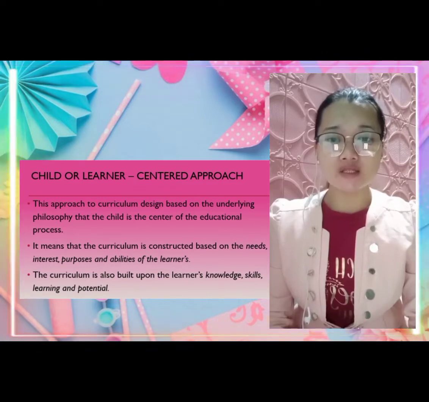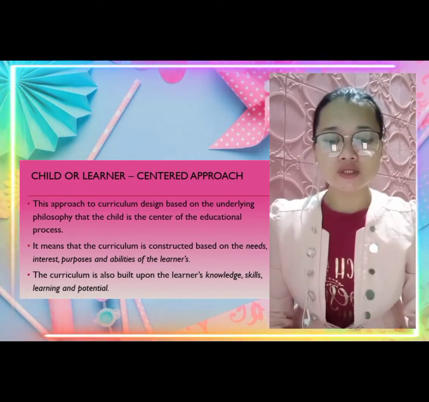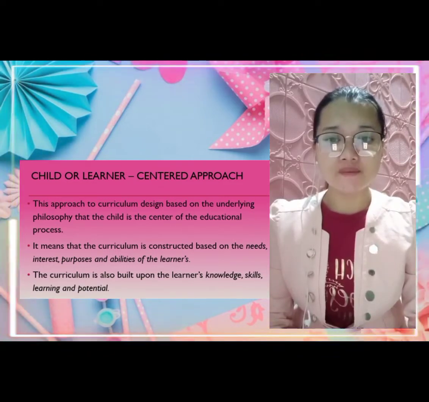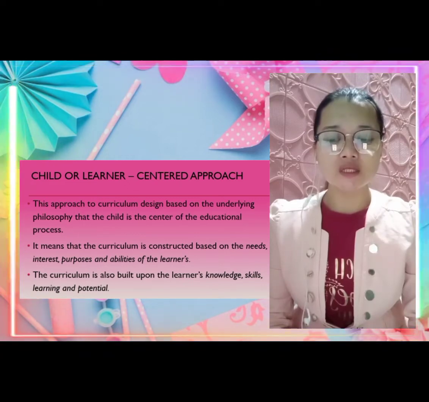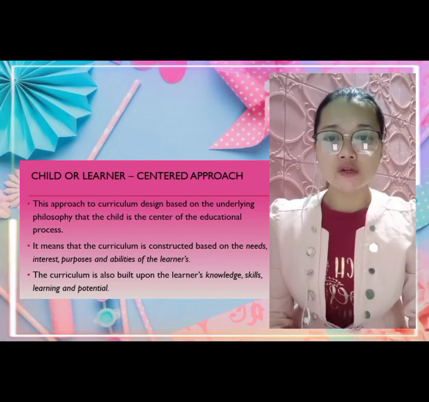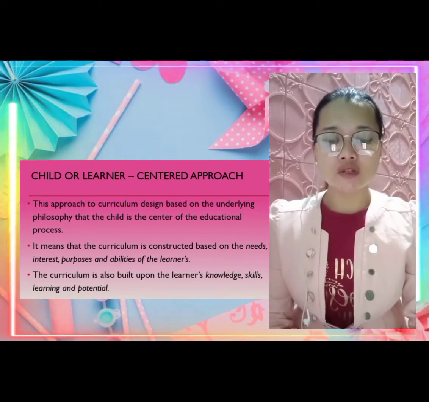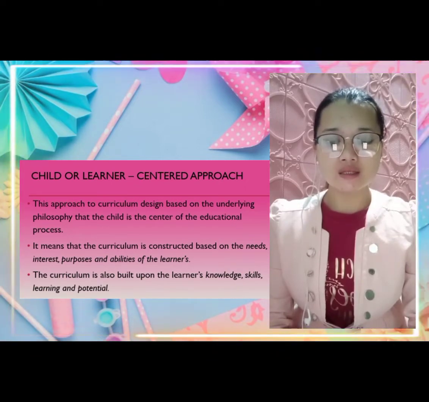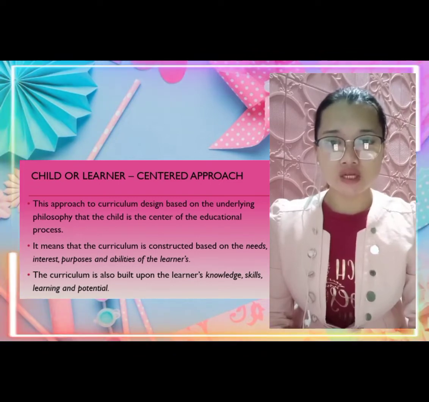It means that the curriculum is constructed based on the needs, interests, purposes, and activities of the learners. The curriculum is also built upon the learner's knowledge, skills, learning, and potential. So, in this approach, it considers the following.